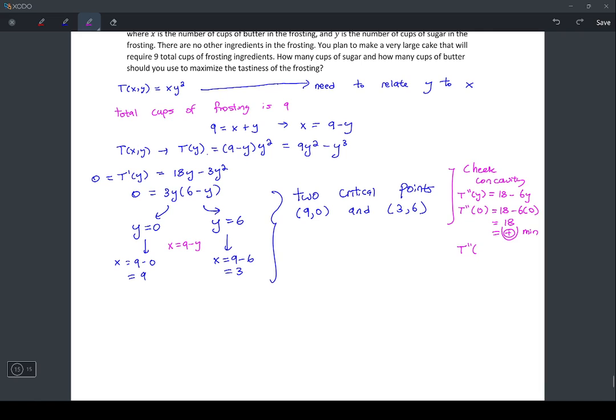And if I plug in the other y value, 6, I get 18 minus 6 times 6. So 18 minus 36, which is negative. Negative means concave down, which is a max. So based on the concavity analysis, we would say that (3, 6) is the maximum.